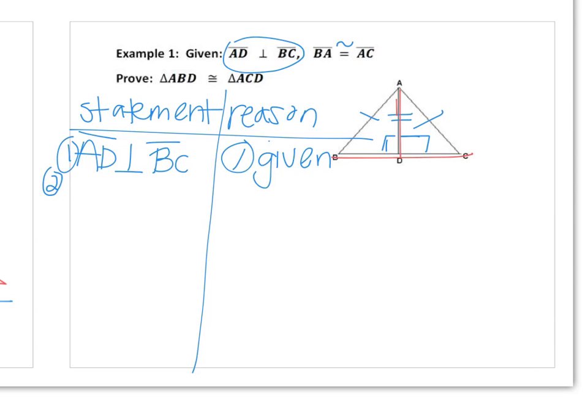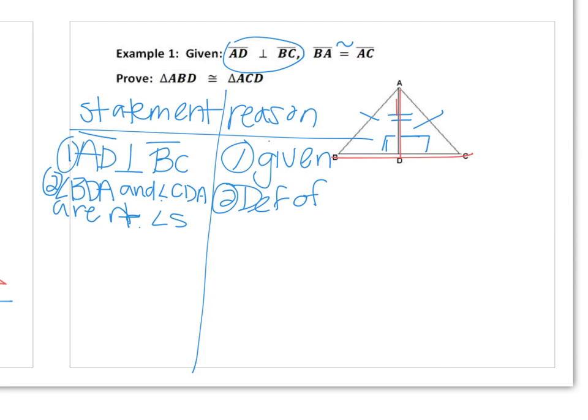Hopefully you're thinking D. Angle BDA and angle CDA. What do I know about them if they're perpendicular? They are right angles. And that's your definition of perpendicular.